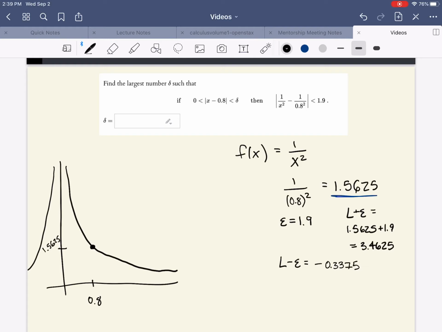Okay, so if I draw these values on my picture over here, this is not to scale. I'm just going to put 3.4 and negative 0.3 down here. Now, one thing that makes this tricky is because that value is negative. So on this right side of 0.8, no matter how far out you go, let's say you got to here, your value is never going to be negative, right?